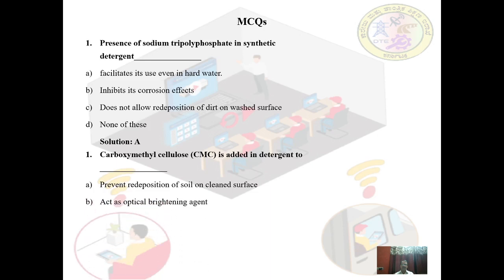Option B. Acts as optical brightening agent. Option C. Inhibits corrosion in washing machine made of aluminium. And D. None of these. The correct answer is option A. It prevents redeposition of soil on clean surface.